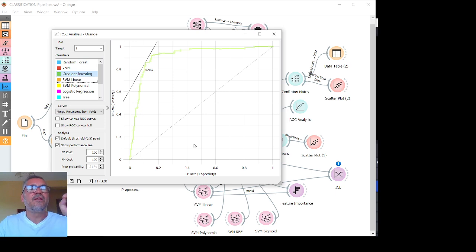But as you can see, this trade-off between, let's say, this point when the significance of false prediction is the same, like in the stock that I told you earlier.